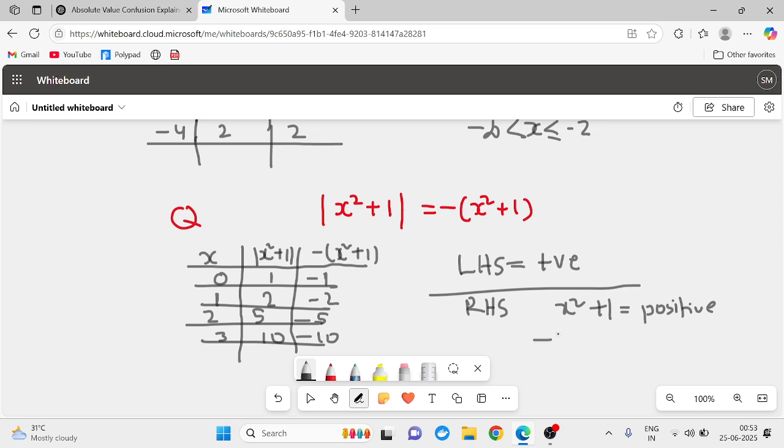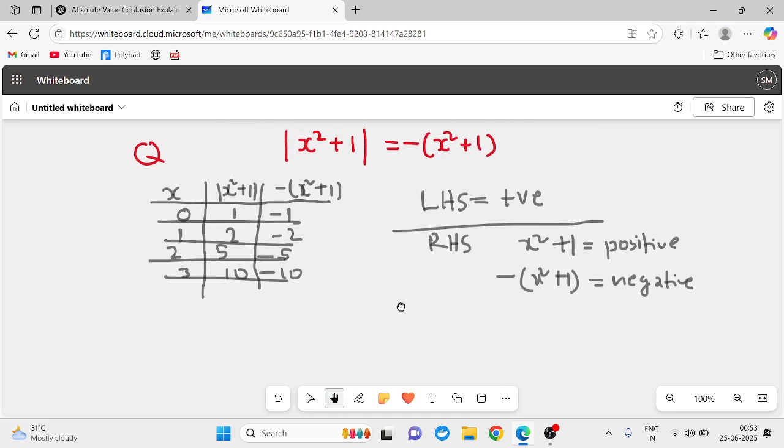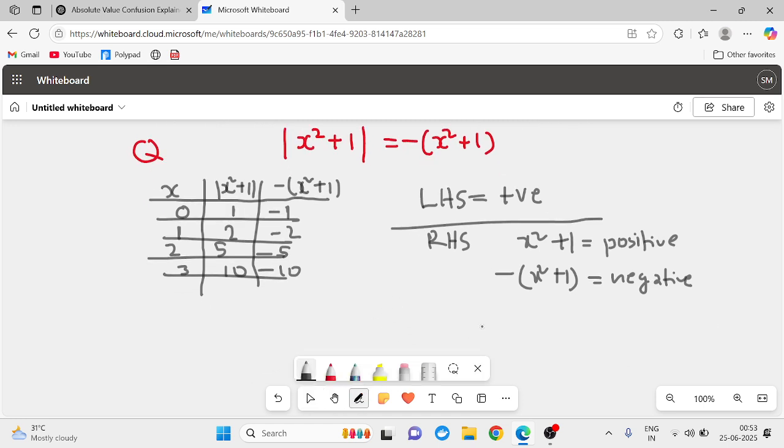So now negative of x square plus 1 will be negative. So looking into this, LHS can never be equal to RHS. It's not possible. So no values of x will work. The trick or the understanding is that it is not becoming 0 for any value of x.